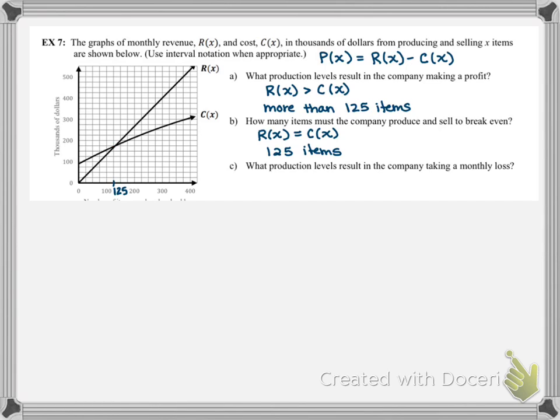And then Shalea, if we're losing money, what can you say about revenue and cost? The revenue is less than cost. Yeah, that revenue is less than cost, right? If you're losing money, then the amount you're making is less than the amount that you're spending. So we're looking for where revenue is less than cost. So again, that's just where the graph of the revenue function is lower than the graph of the cost function.